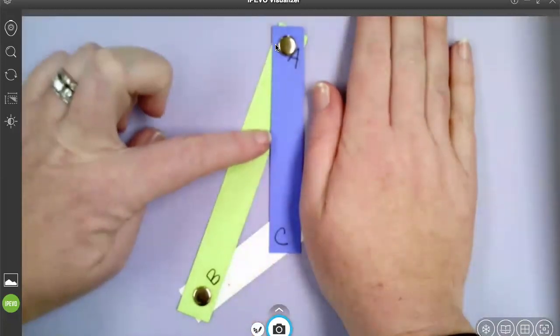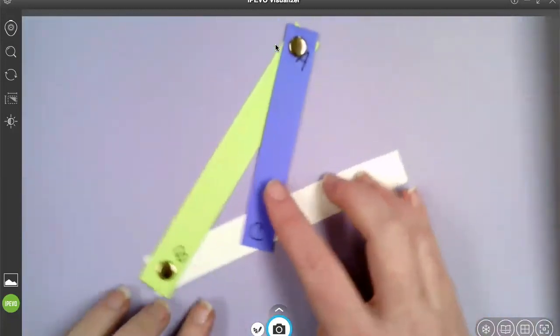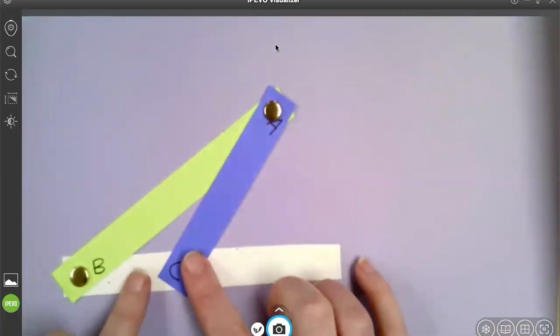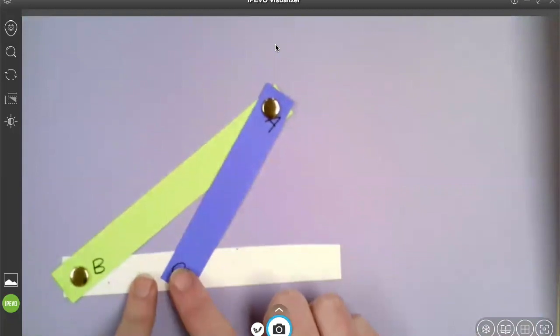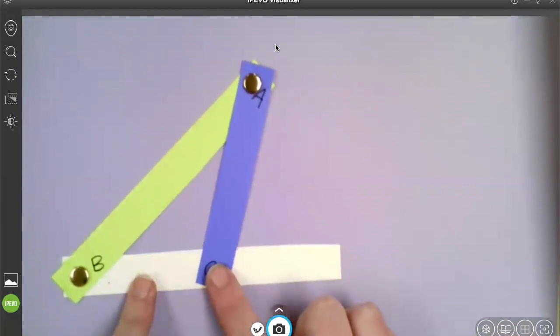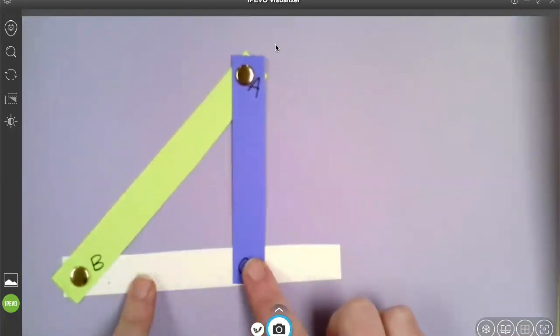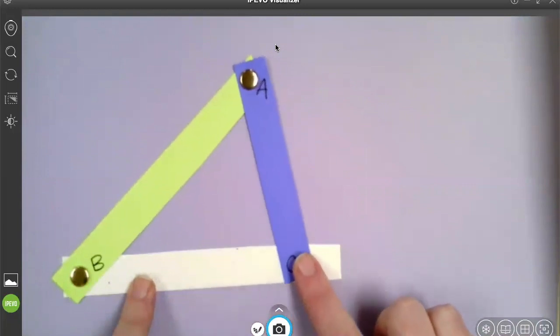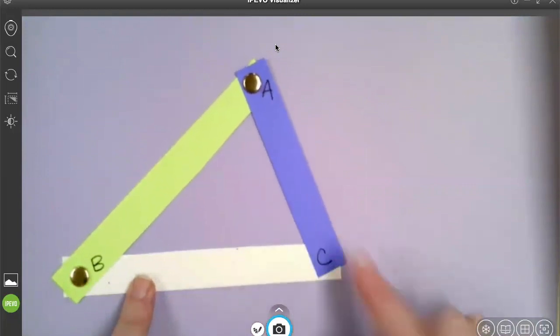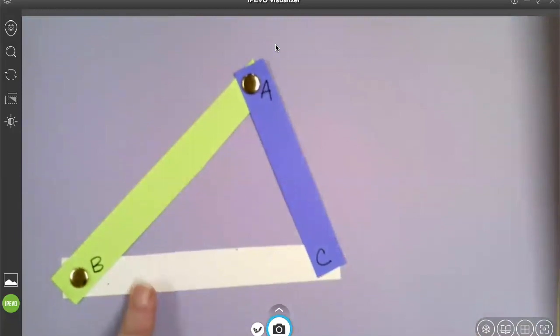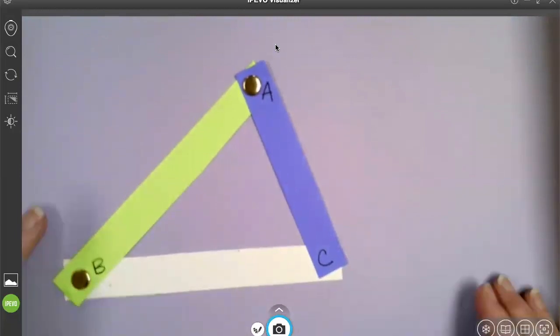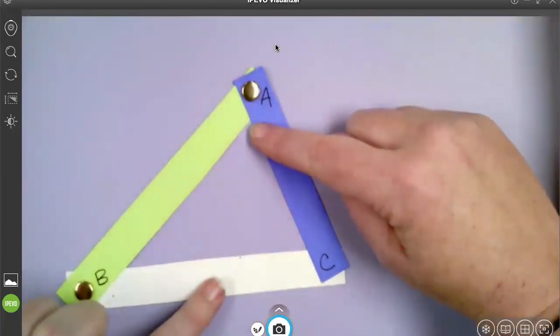Let's do the opposite. Let's open this up and make it a really wide angle, a very obtuse one, and watch what happens to this side. The more obtuse I make angle A, the longer this white edge has to be in order for the triangle to be complete. So there is a relationship between the opposite sides and angles in a triangle.